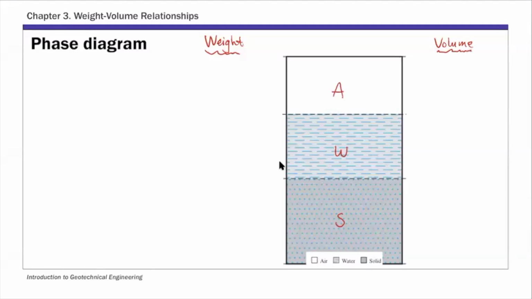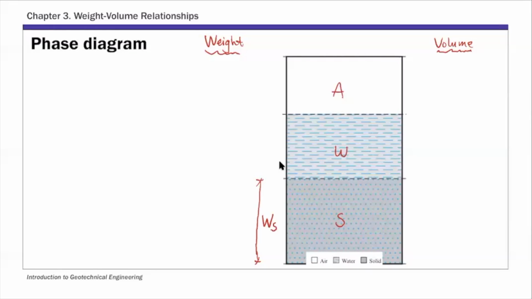For weights, we're going to use capital W. Since there are different phases, we have different weights for solids. We use W subscript S for solids. That's the weight of solid.